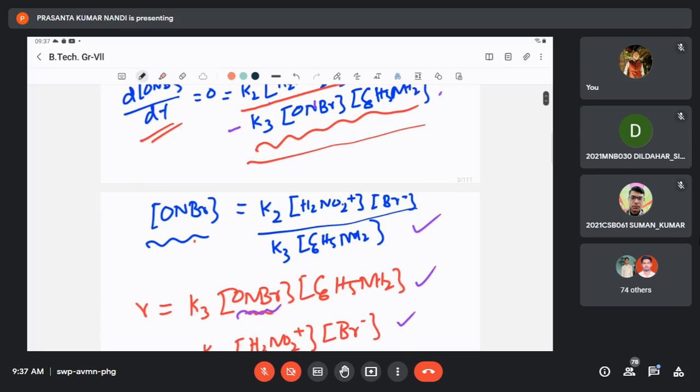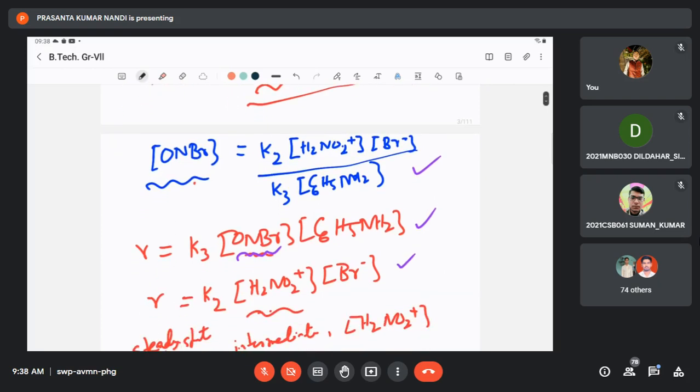So the overall rate R equals, instead of ONBr, you put this expression here. And if you simplify it, you will get the simplified expression. This is interesting.